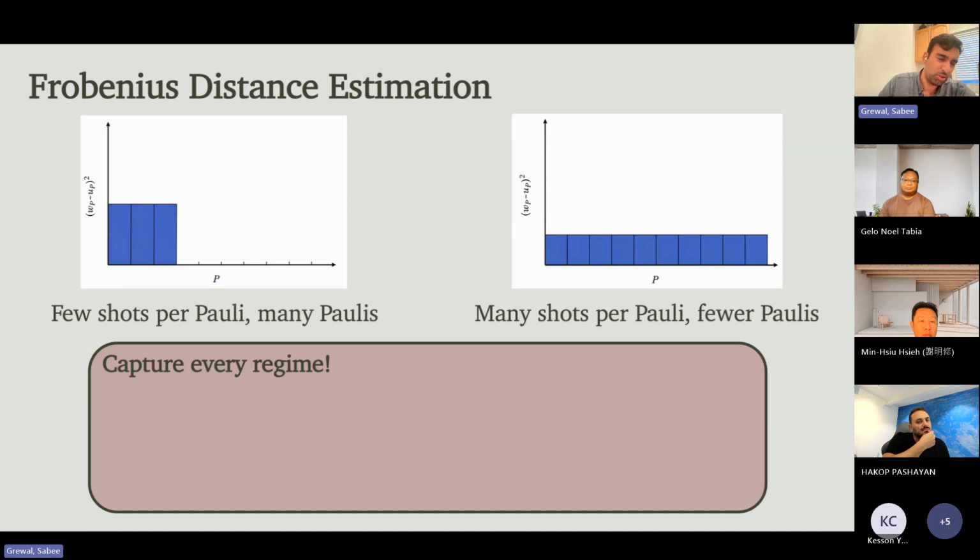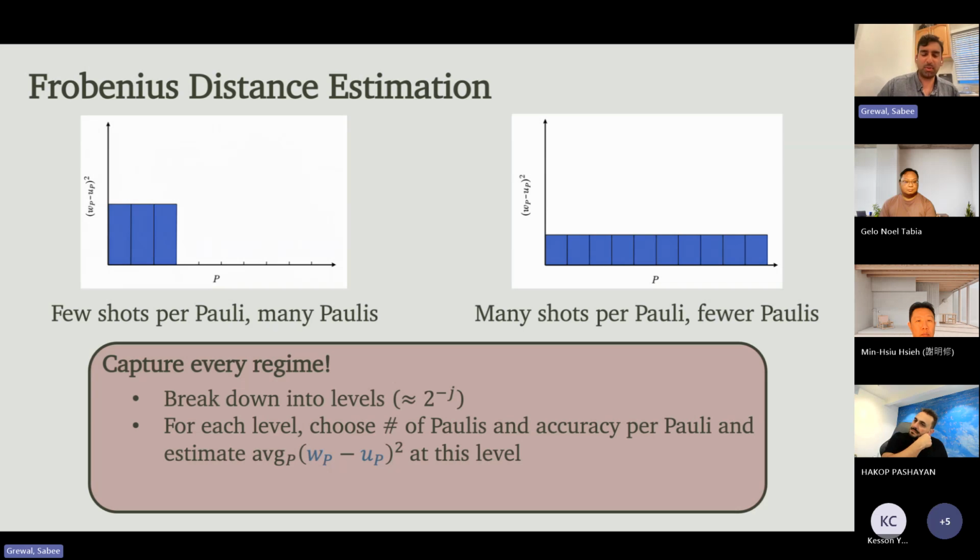I'm not going to go into too much detail on this, but I just want to give you some sense. The idea is that we break the possible weights of these differences squared into levels. The jth level corresponds to having the difference squared be roughly 2 to the minus j. And then for each of these levels, we'll budget our copies in a way that makes sense.